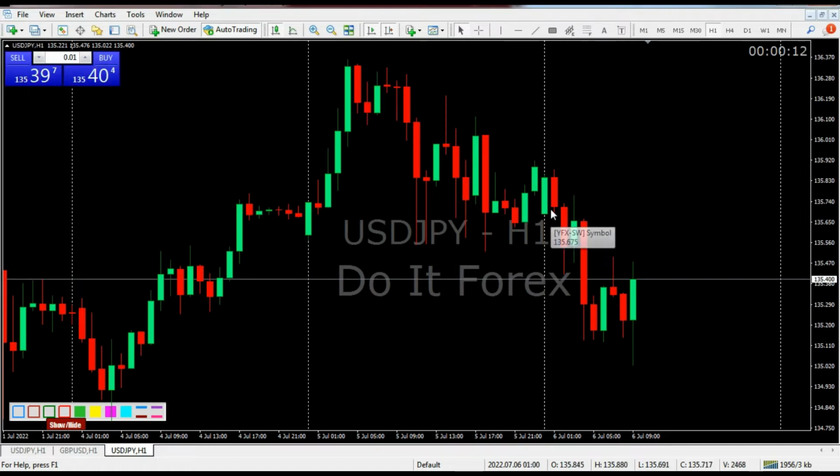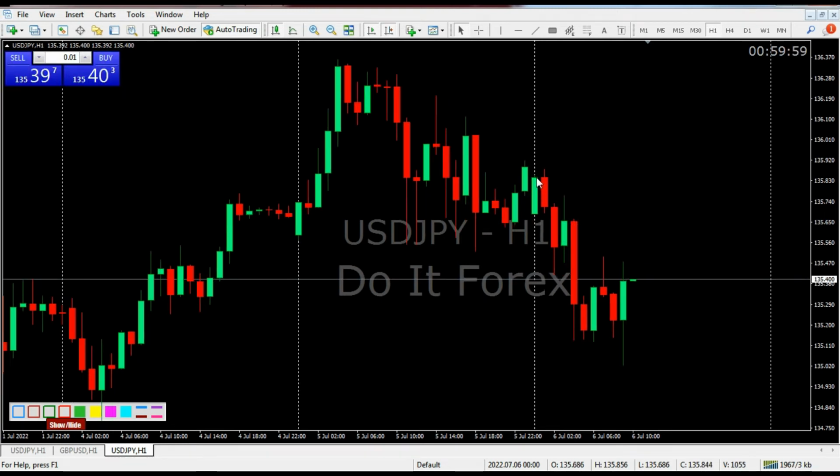We count from left to right 7 candles, or 6 candles, after the opening daily candle. Let's calculate here.